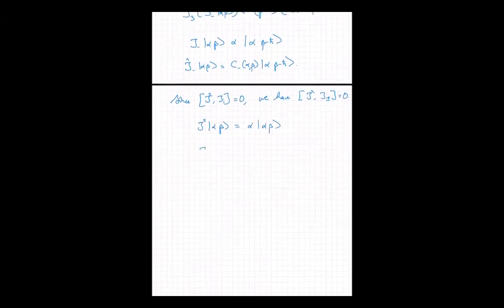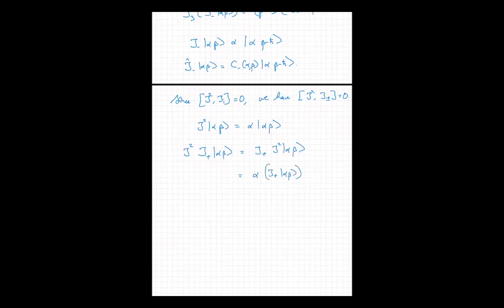Now suppose I look at the state J plus |α β⟩. Of course this state is equal to some C plus times |α, β plus ħ⟩, but suppose I simply ask what is the J² value of this state. I act J² on this guy. Since J² and J plus commute, I might equally well call this J plus J² |α β⟩. And since J² |α β⟩ is just α, I know that this is α times J plus |α β⟩.